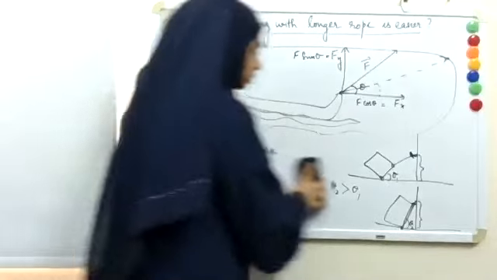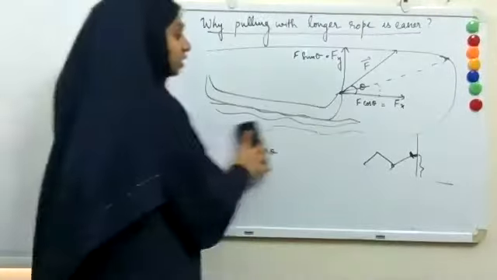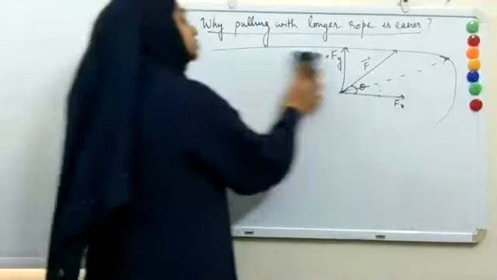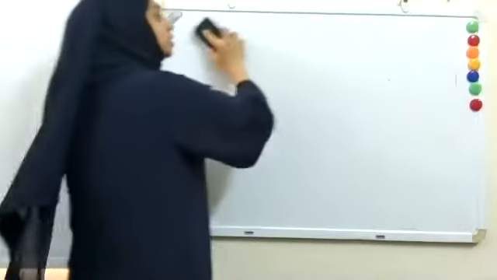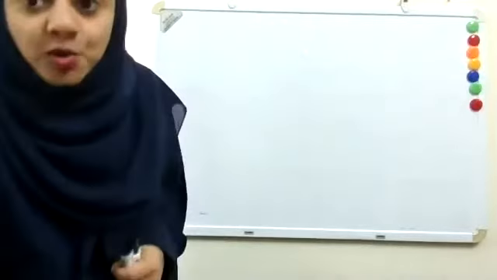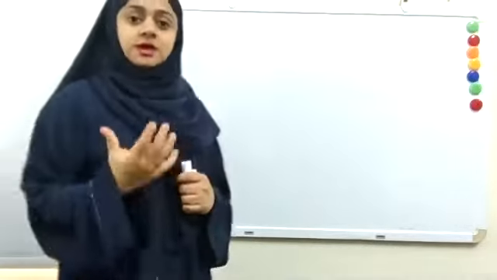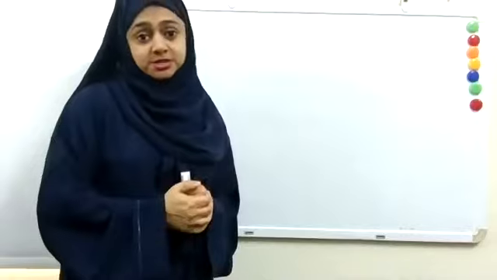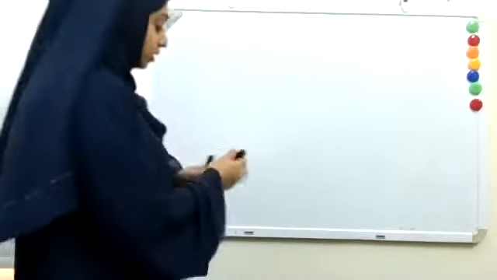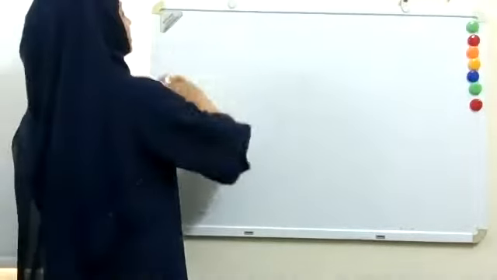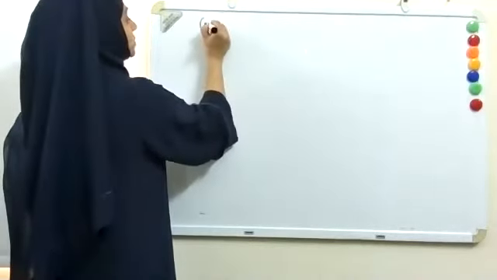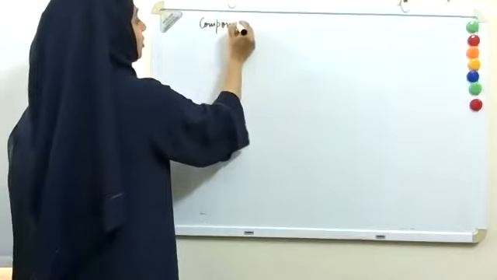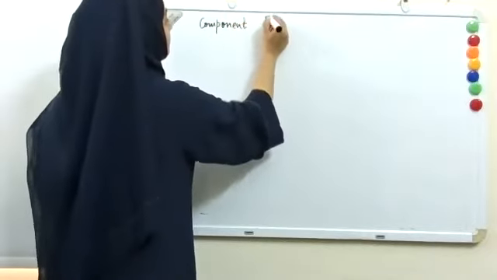So we said that we can resolve a vector into two components. When we resolve the vector into x and y components, there is an easier way in which we can represent a vector, which is called the coordinate form or the component form of vectors.